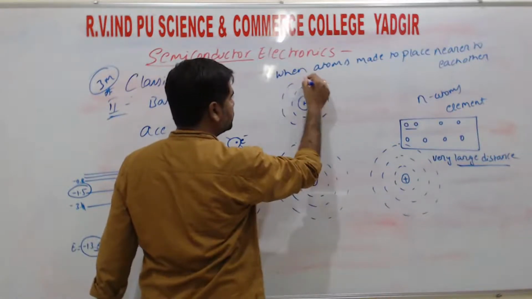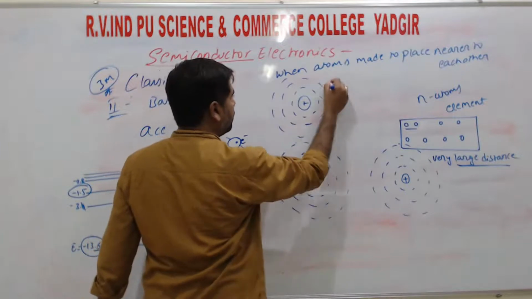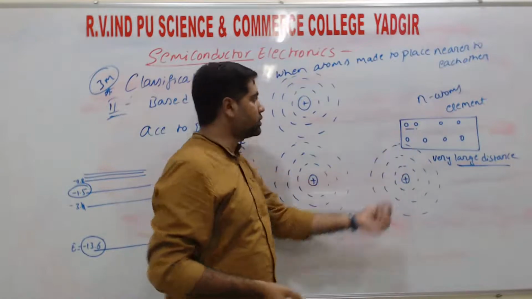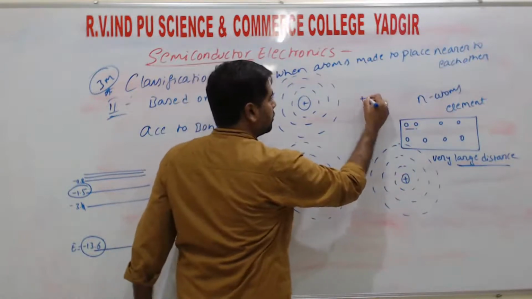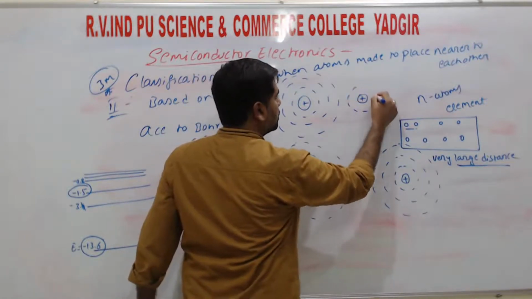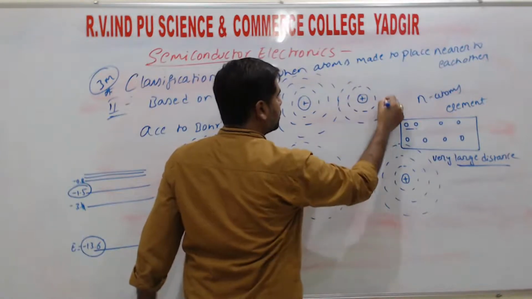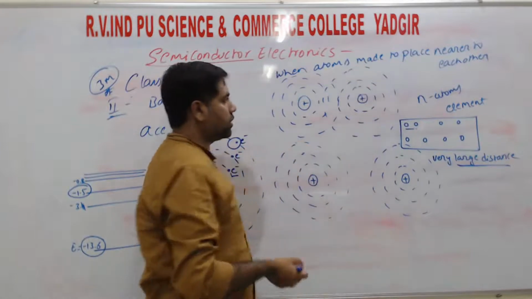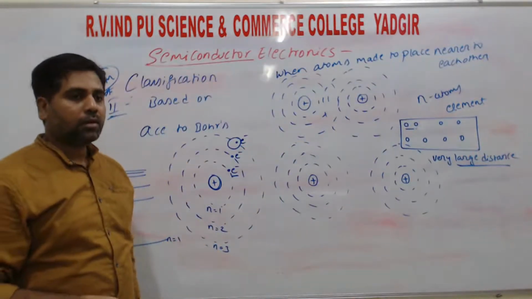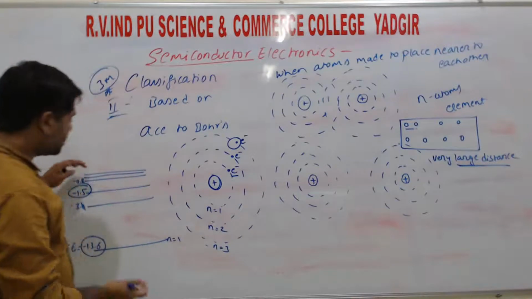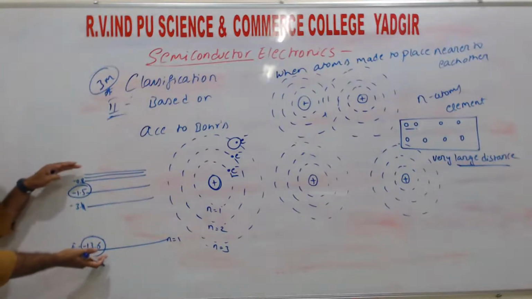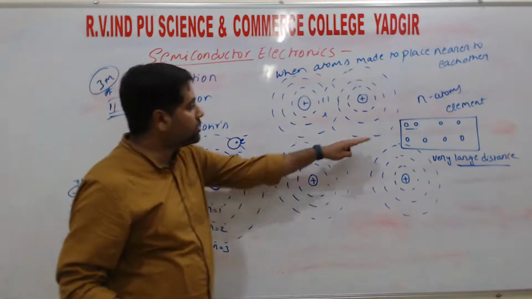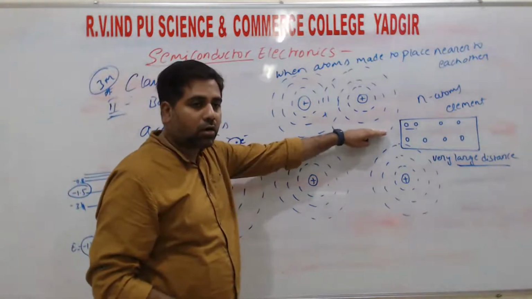So placing the first atom as it is, when we place the second atom nearer to the first atom, then the electron orbits overlap with the first atom like this. That means here we have the energy bands of the first atom. So these energy bands will overlap with the energy bands of the second atom, right?